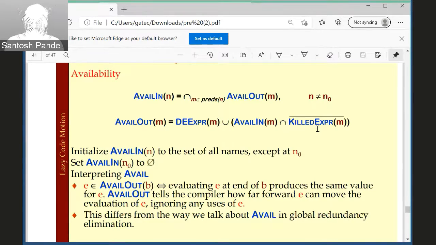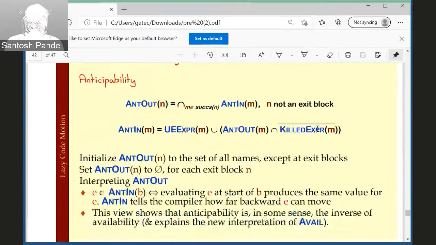So anticipatability. The anticipatability is again the sense that we are at a given program point. And what is the definition of anticipatability?